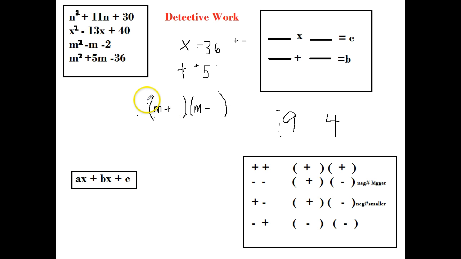And because you see it's ended up positive, we know that the bigger number is the positive number. And I'll make this a 4. And then we'll FOIL this. M squared gives us m squared, plus 9m minus 4m. So you see what I mean? We start with a 9, and we're going to take away 4 to get this 5. So they're 5 apart. And then 9 times negative 4 is negative 36.